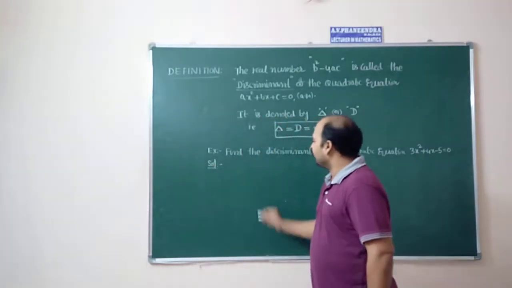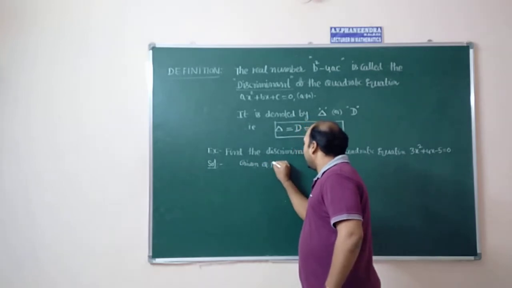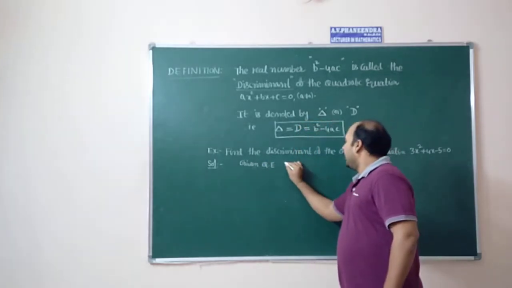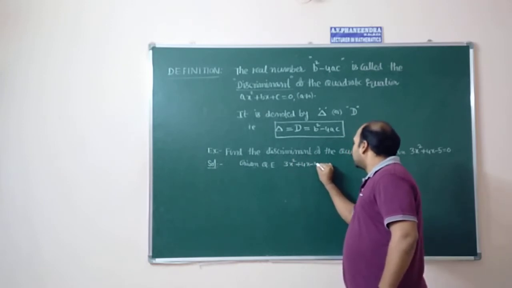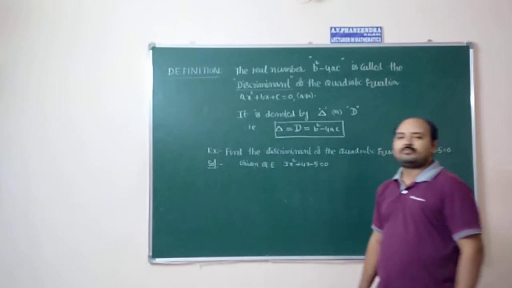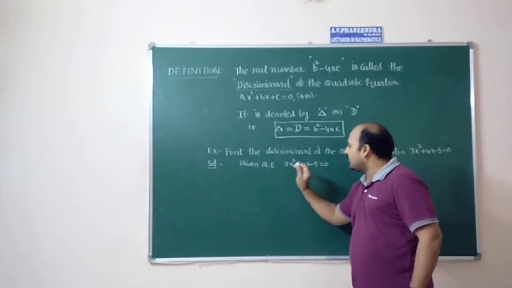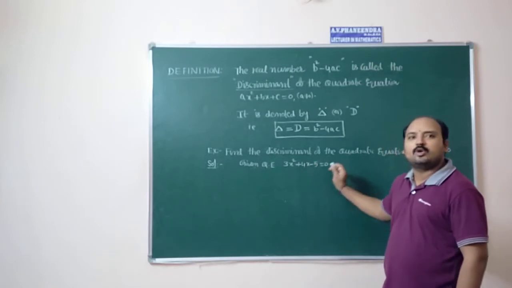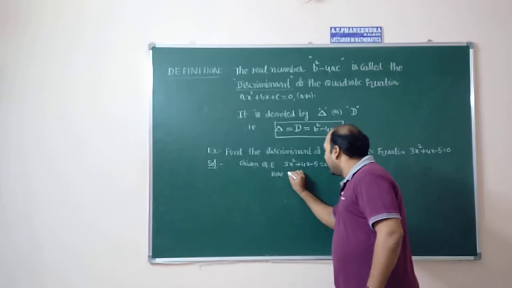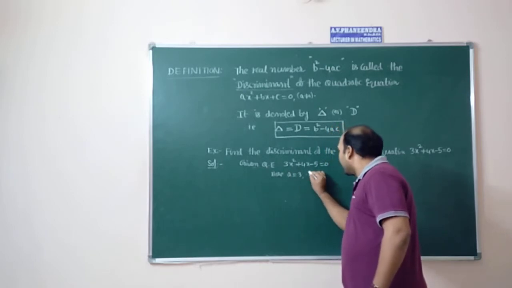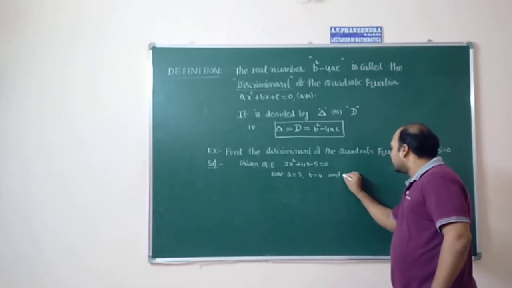Simple steps. Given quadratic equation 3x square plus 4x minus 5 equal to 0. You have to compare this with ax square plus bx plus c equal to 0. After comparing, here a is equal to 3, b is equal to 4 and c is equal to minus 5.